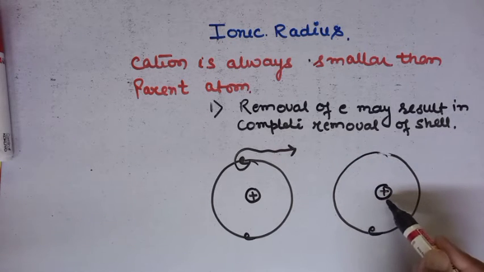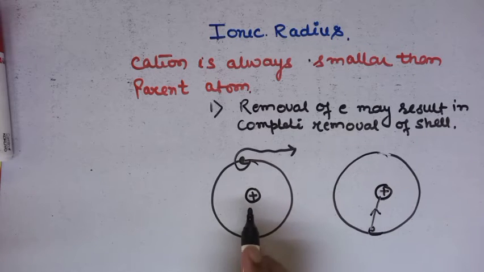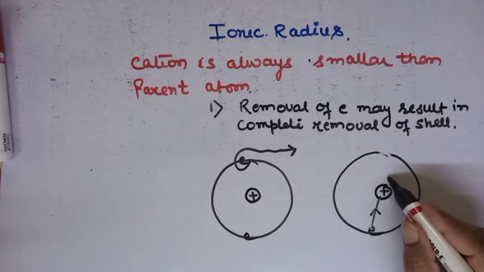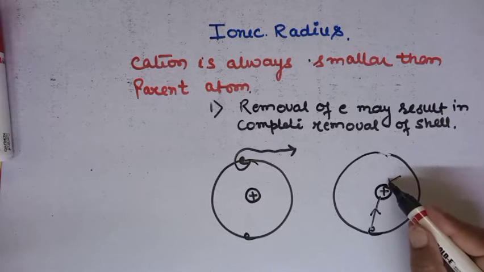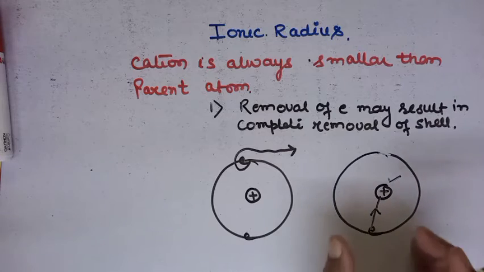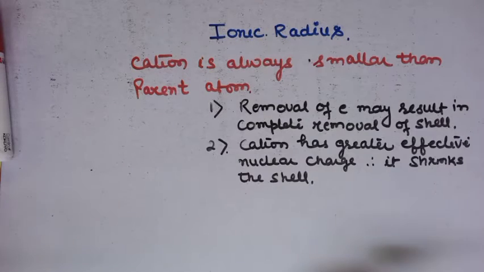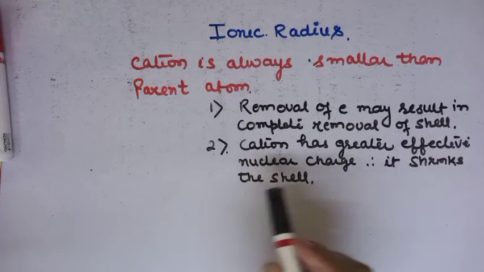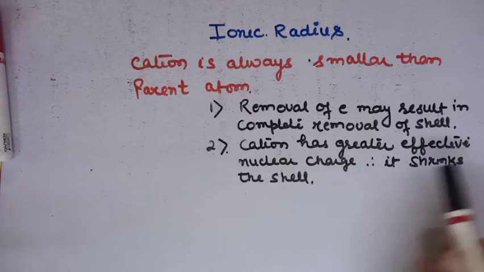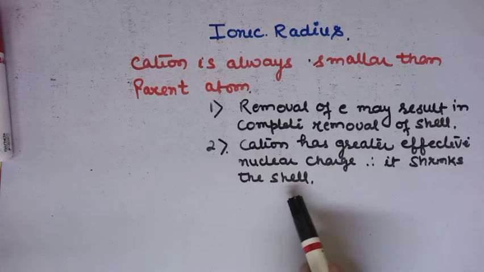Now the power of nucleus to attract the same electrons will be more. So here we can say the effective power of the nucleus or the effective charge of the nucleus increases, which shrinks the shell, and thus cation becomes smaller than parent atom. Thus you can note down cation has the greater effective nuclear charge. Therefore it shrinks the shell.